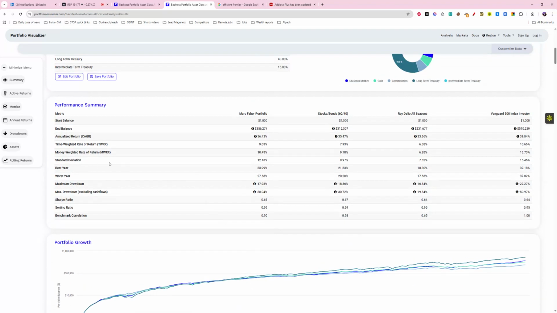We want to have two metrics: best years compared to the worst years, and we want the best years to be above the worst years. We have chosen the benchmark, the Vanguard 500, so the S&P 500. The worst year for the S&P 500 in that period was minus 37% in one year.